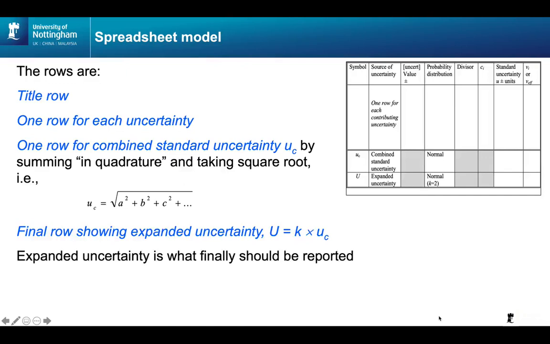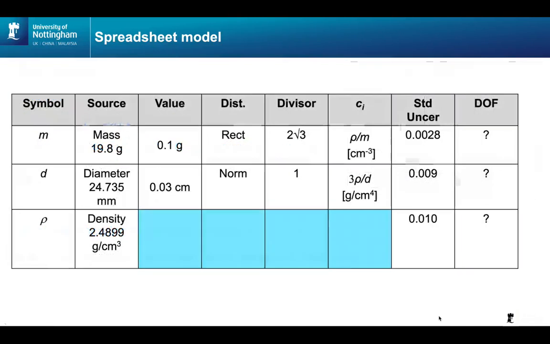And then the final row shows what's called the expanded uncertainty. So that's that K factor, which mysterious K factor, which I haven't talked about yet. I will talk about at the end, which gives us a particular confidence level for the uncertainty. So the expanded uncertainty is what finally is reported.